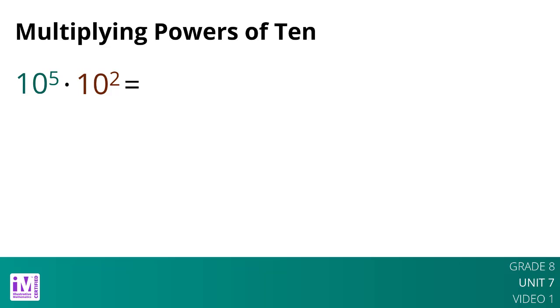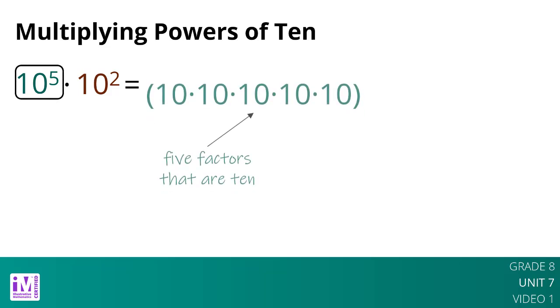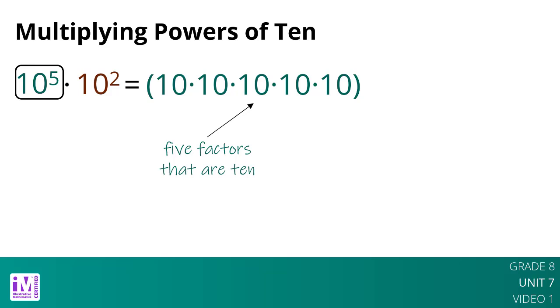Now let's consider what happens when we multiply powers of 10. Let's multiply 10 to the fifth power and 10 to the second power. We know that 10 to the fifth power has 5 factors that are 10. And 10 to the second power has 2 factors that are 10.